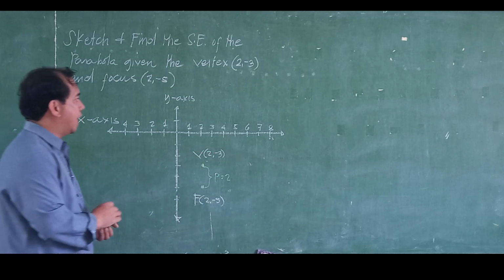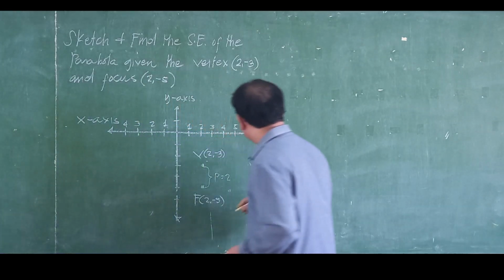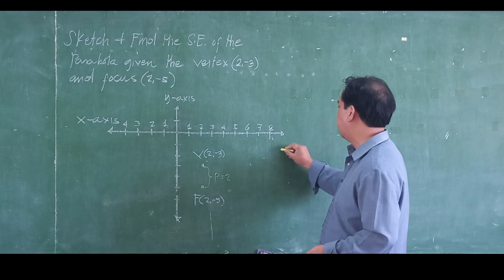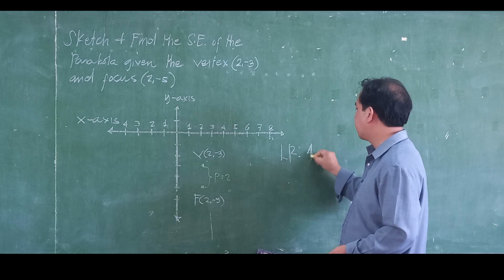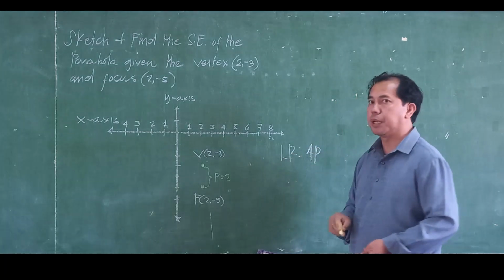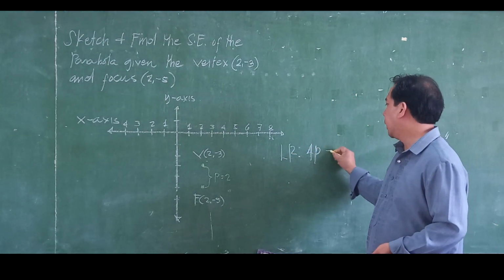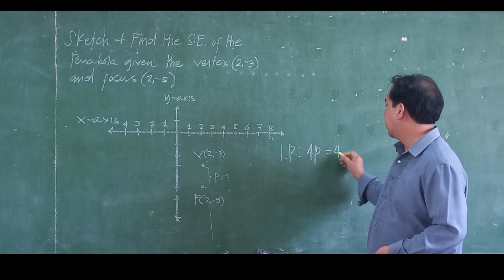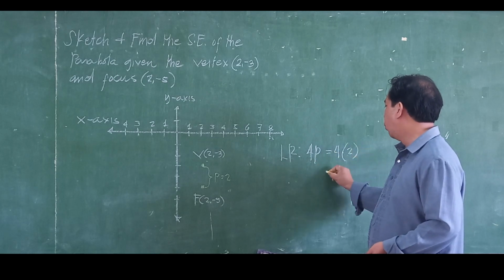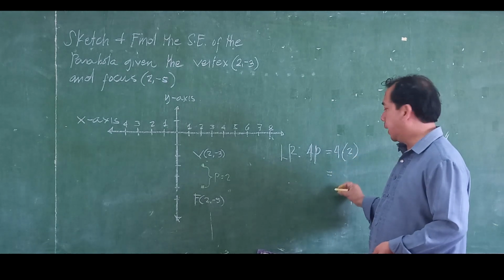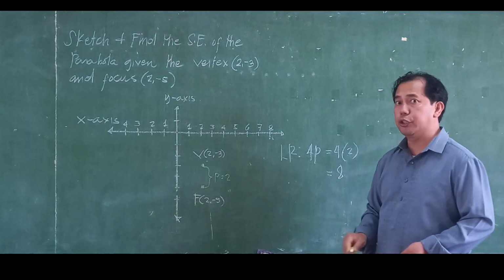We have said that our latus rectum is the same as 4P, that is 4 multiplied by the value of P, which is 2. Our length is 8 units.